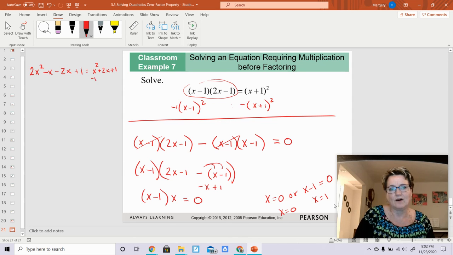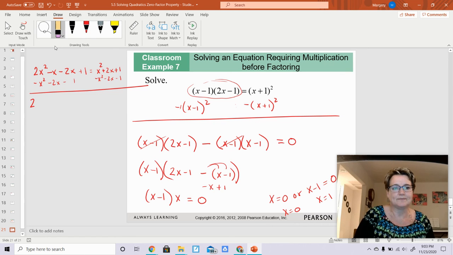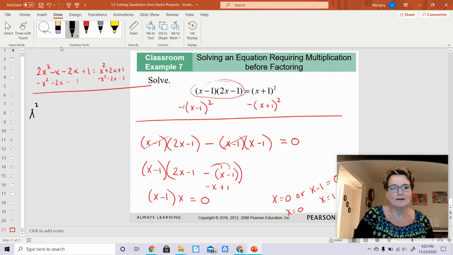I'm going to move all these over here. Minus x squared minus 2x minus 1. I forgot I have to add those together. So I get 2, oops. I'll just do all the math in my head. I get x squared. That's a negative 3x. That's going to give me a negative 5x. Something's weird. And then this is going to be 0.